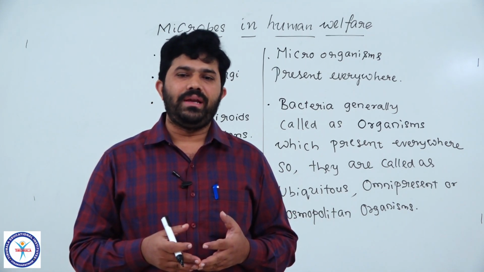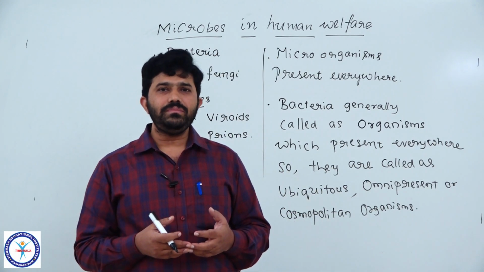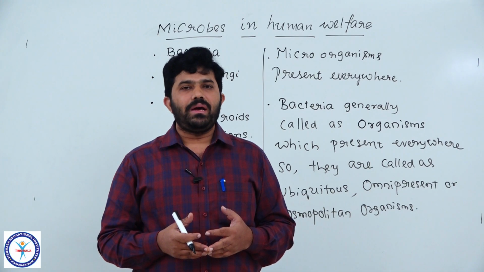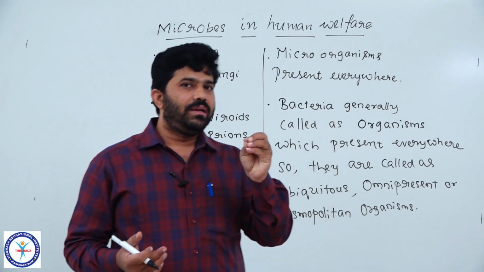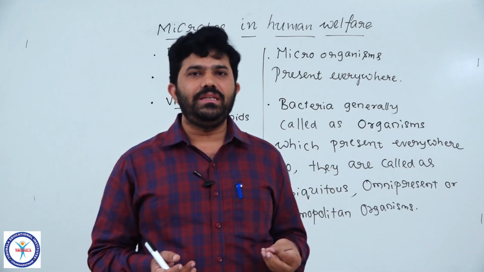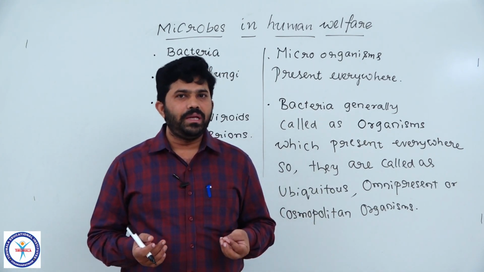Those are called halophiles. Some bacteria live on the surface of the body of plants and animals. That's why these bacteria possess a simple structure but complex behavior. Generally, bacteria have a simple body structure but a complex behavior.